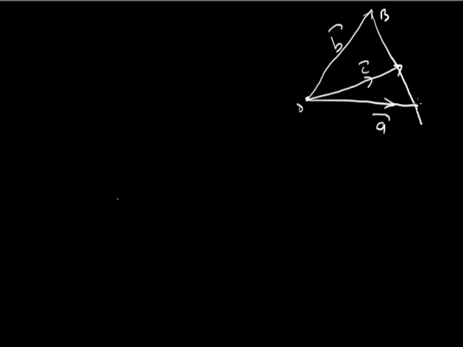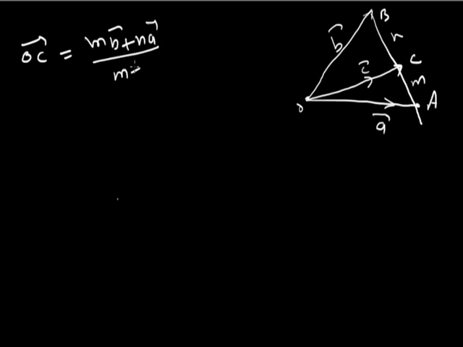Now let's see, there is a point O, b vector, c vector, a vector at point A, and this point is C. OC vector, since it divides in the ratio m is to n, is (m b vector plus n a vector) upon m plus n.